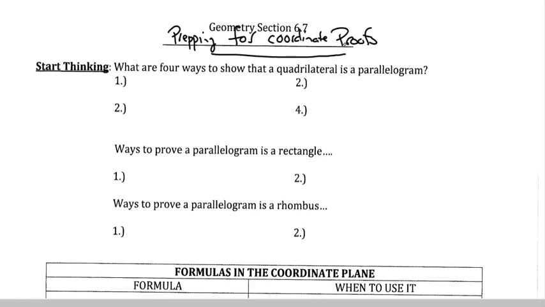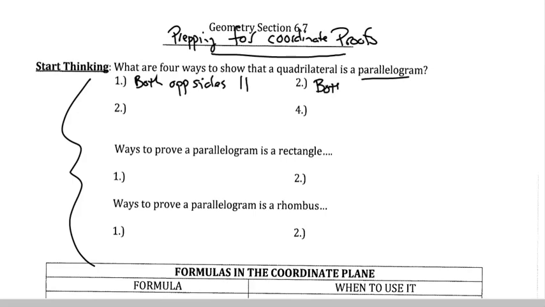The first part here is kind of just a summary of what we've done over the past several sections. Let's talk about the different ways we proved a figure was a parallelogram. One of the ways is both opposite sides parallel.